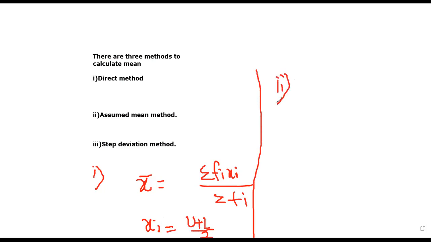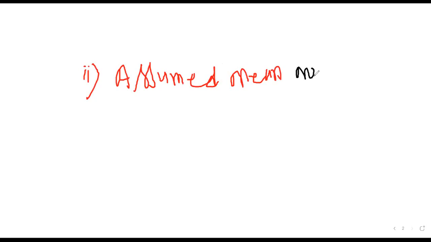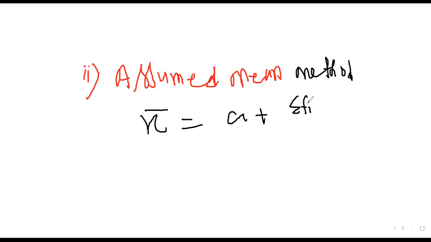The second method is the assumed mean method. In this method, we assume one value a from the class marks.